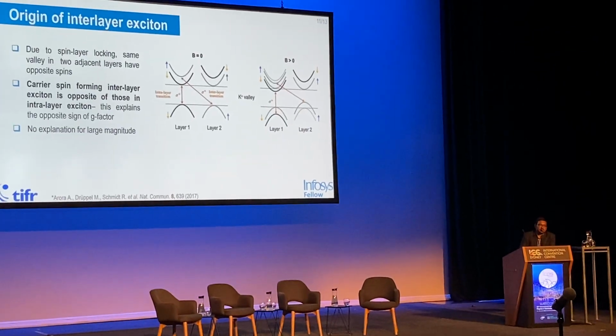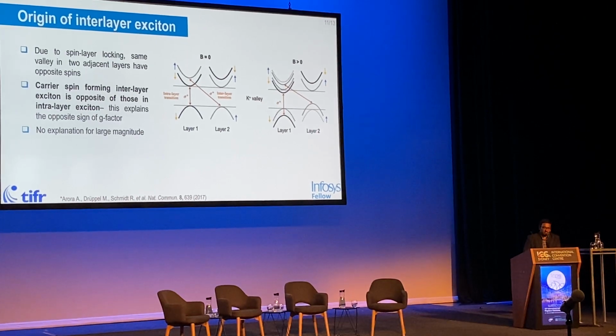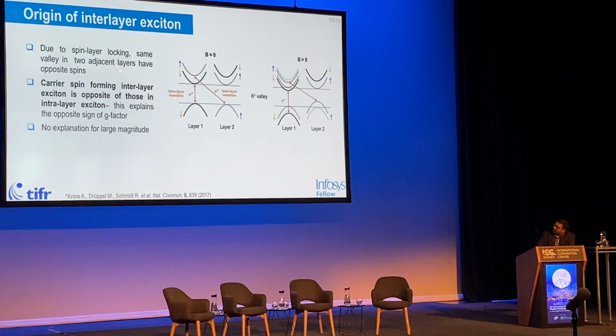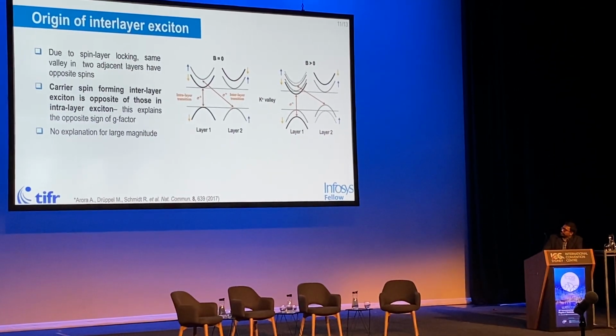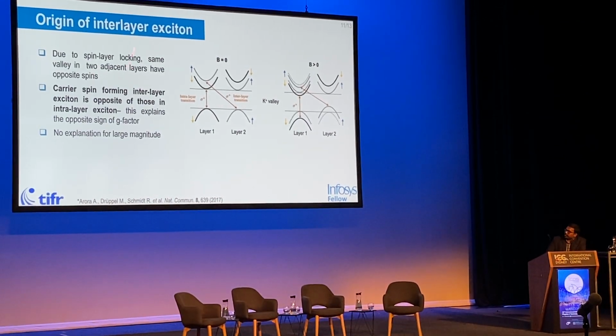And how I understand the origin of the interlayer exciton is represented here. There is a property in this material called spin layer locking. So we know that the same valley in two adjacent layers has opposite spin.